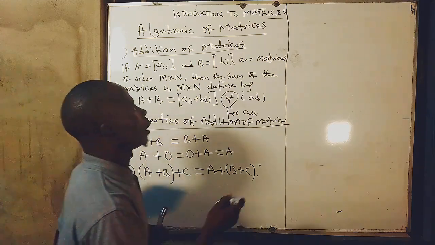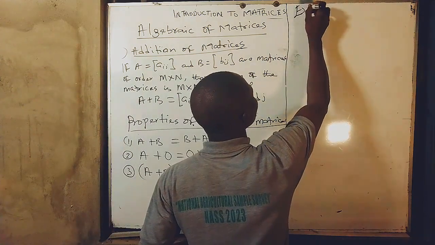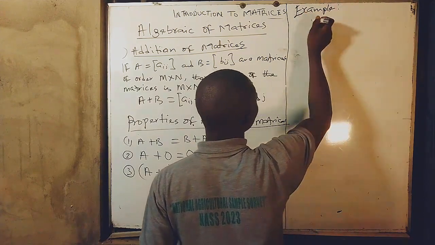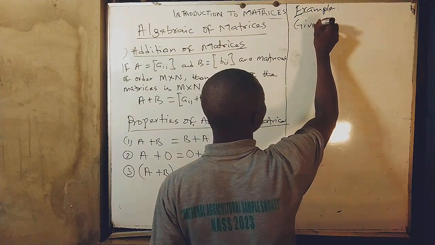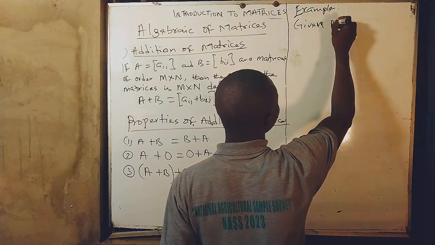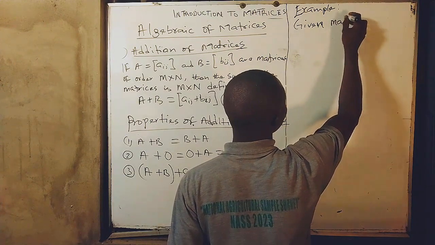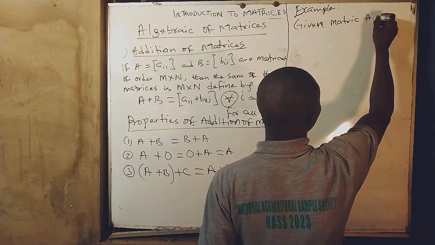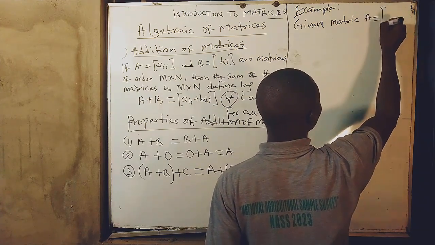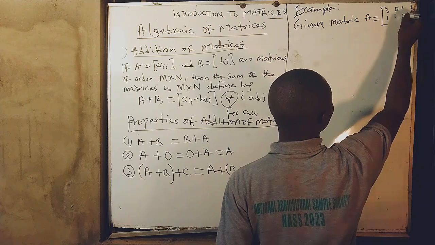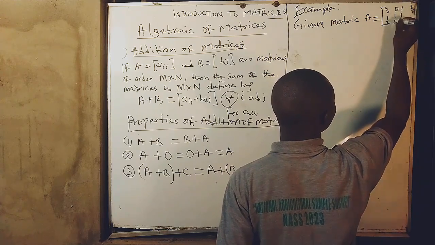Example. Given matrix A equals 3, 0, 1, 1, 1, 1, and then 2, 0, 1.